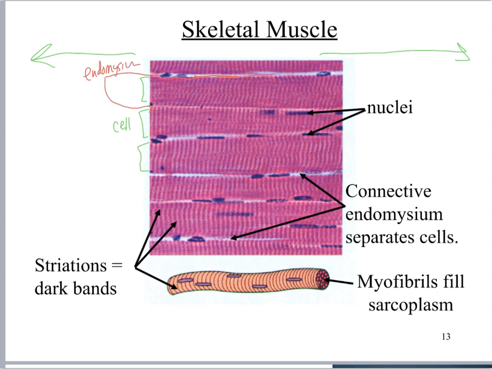The nuclei get squished off the sides, but I can see I've got 1, 2, 3 in just this little segment. So there are multiple nuclei in every one of these cells. Okay? All right, let's look at the next slide.